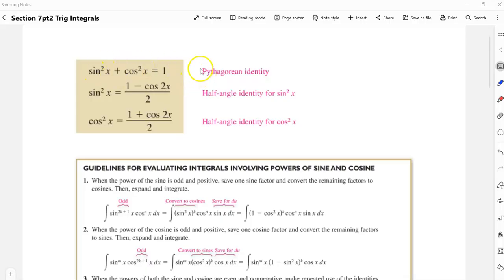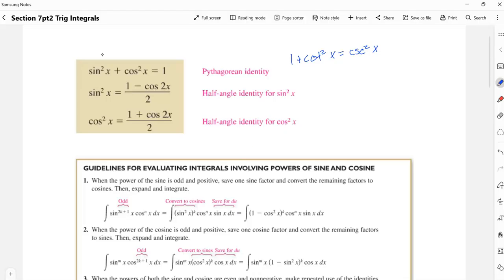So everything starts with this Pythagorean identity, sine squared plus cosine squared is equal to 1. We could take this and rewrite it into 1 plus cotangent squared of x is equal to cosecant squared of x. We would get that if we divide everything by sine squared. So that's another Pythagorean identity, which is really a manipulation of this one.